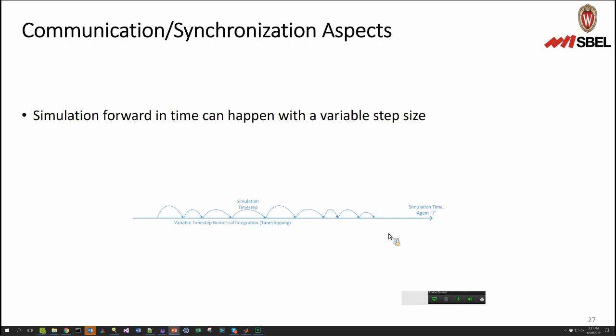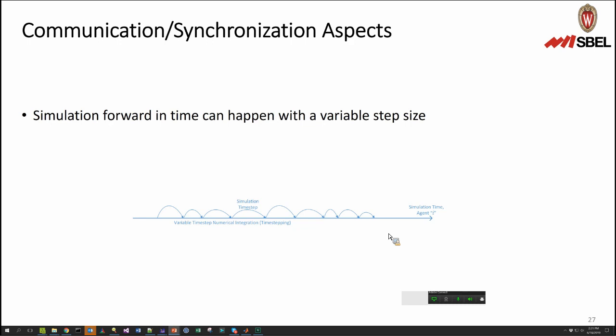So obviously, you can have an agent that moves at a certain pace in time on one node. Let's say that it has a very fast chip, while another vehicle runs on a different node that has a very old processor, and therefore its simulation happens at a slower rate.